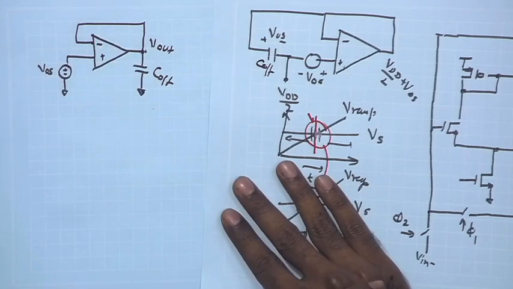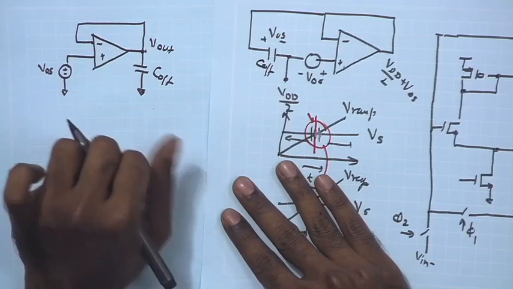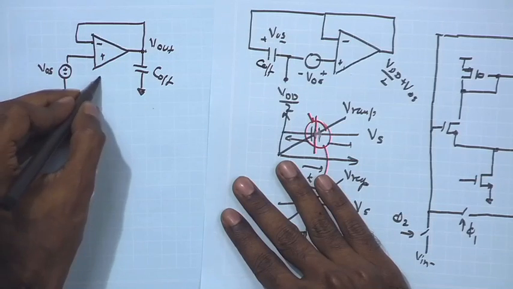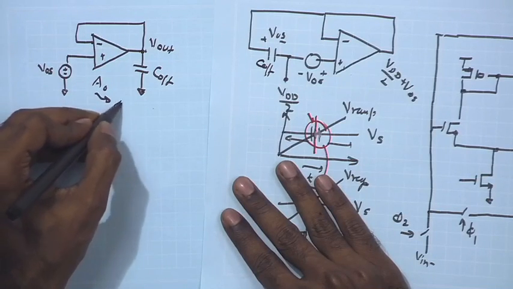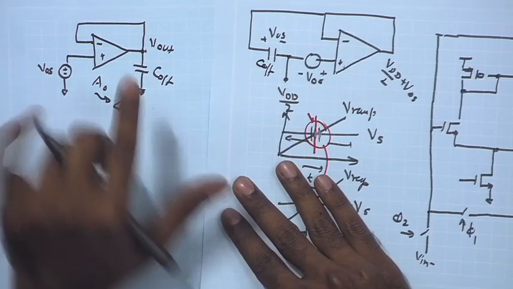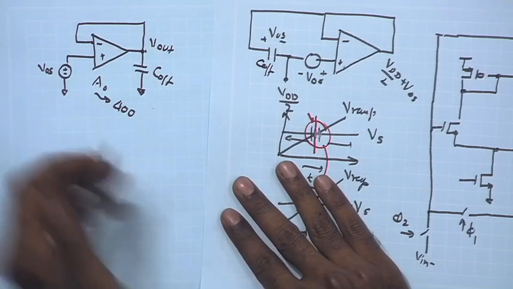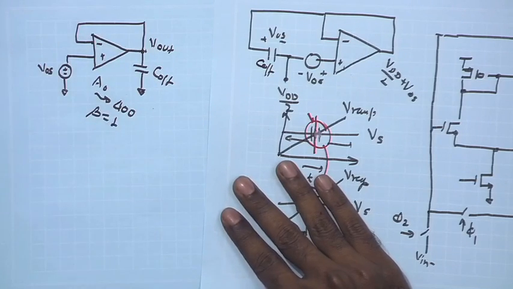So, beta is 1. The overall gain A of this circuit is the open loop gain of this comparator. So, A is known. We have A naught, which we have already set around 400, that is what we discussed last day. So, A naught is known, and the overall beta is 1.